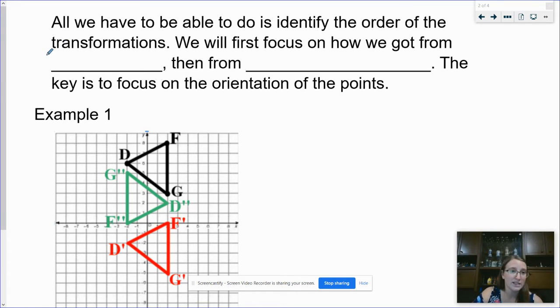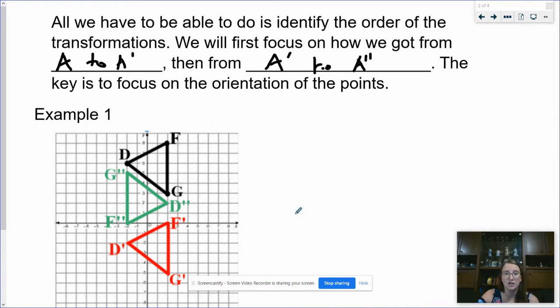What we're going to do is focus on how we got from the original shape, I'm going to call it just A, to A prime. That's going to be our first answer. And then how we got from the prime shape to the double prime. So we're going to have 2 answers. How we got from the plain letters to the prime letters, and then from the prime to the double prime.